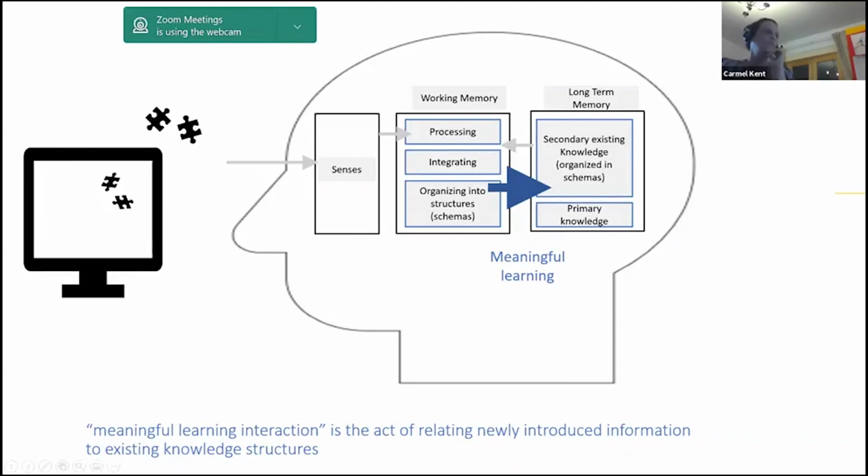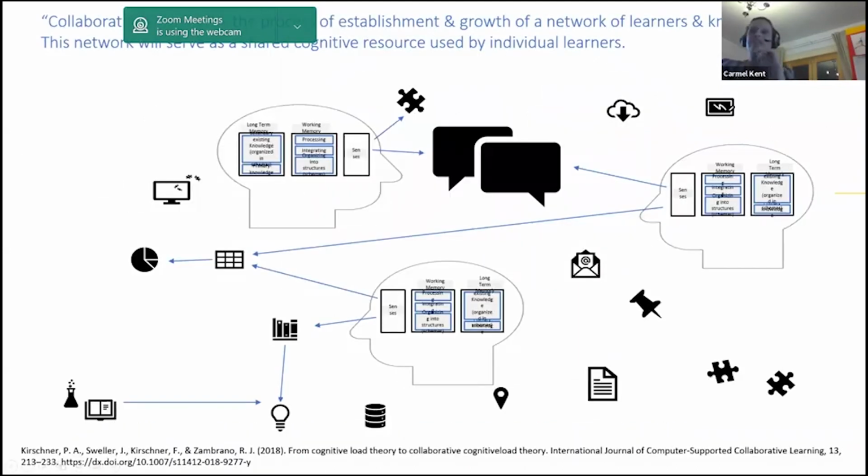Now, when we take this individual learning concept of what is a meaningful interaction and use it in a dialogue, from a cognitive load theory perspective, dialogue and collaboration in general is seen as a shared working memory resource shared by the whole group, by the whole collective.